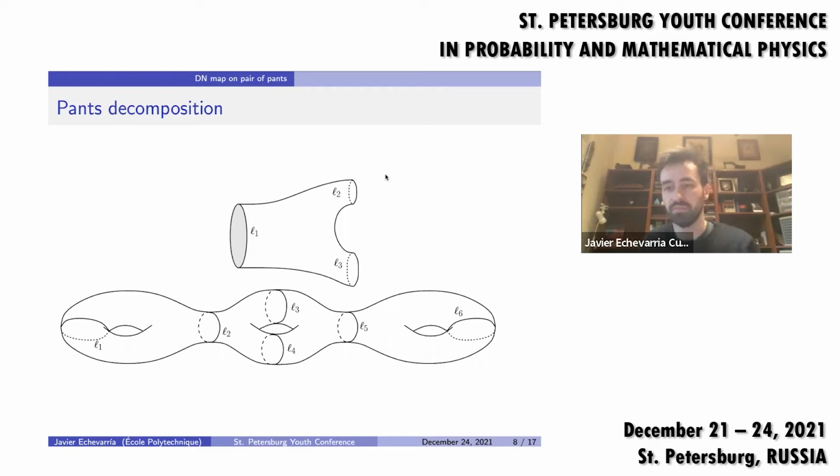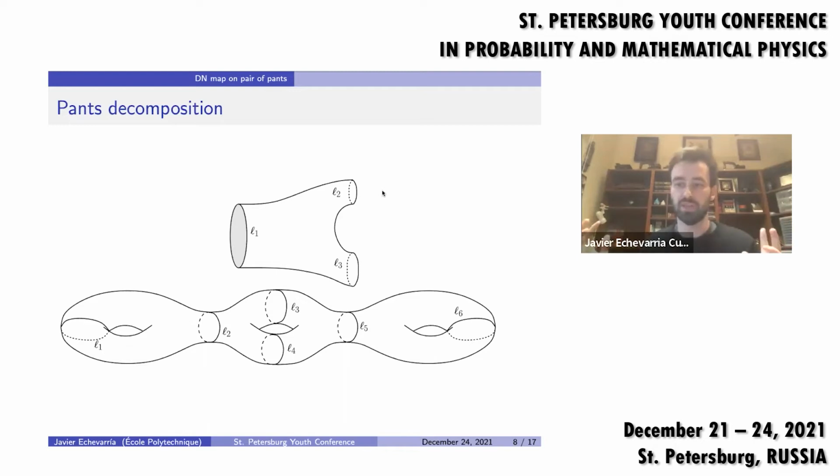So it's a theorem, given any surface of genus G, hyperbolic, we can decompose it into pairs of pants. And so the key thing that we'll do is, instead of calculating the Calderon range or the Dirichlet Neumann Map on the entire surface at once, we'll do it on each pair of pants and then glue these things back together.